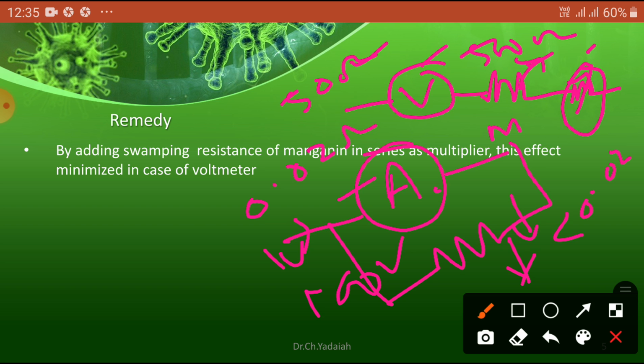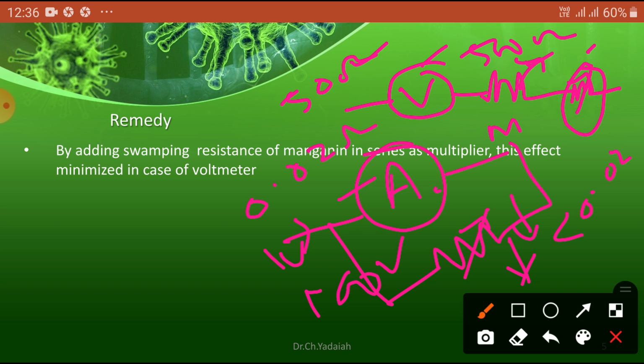Now in this case we connect the swamping resistance in series with the multiplier, and in the case of ammeters we add external shunts, maintaining the same temperature as the coil in the ammeter by making the shunt from manganese material. Since it is a constant material, the temperature change does not affect our meter readings.